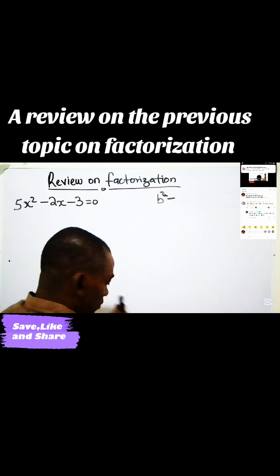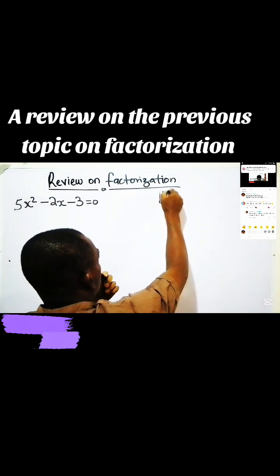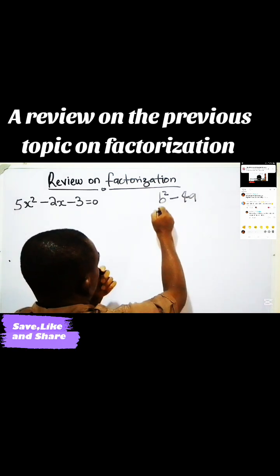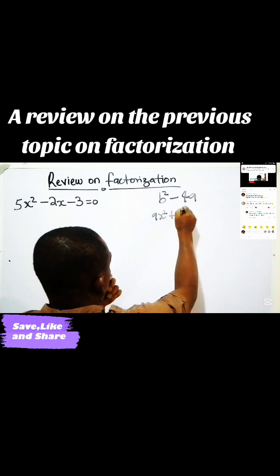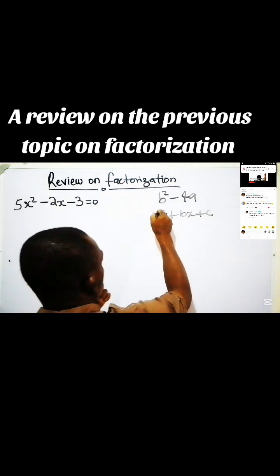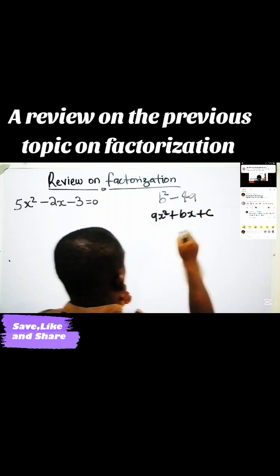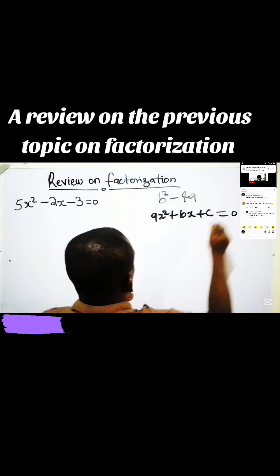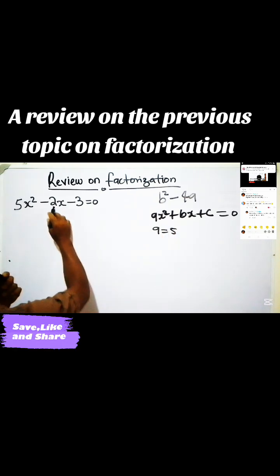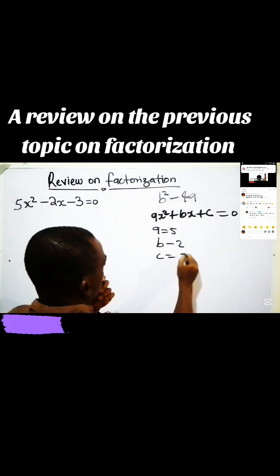So now, using the discriminant, we have b square minus 4ac, and you know the general equation for a quadratic equation is ax square plus bx plus c equals 0, where a here is 5, b here is minus 2, c here is minus 3.